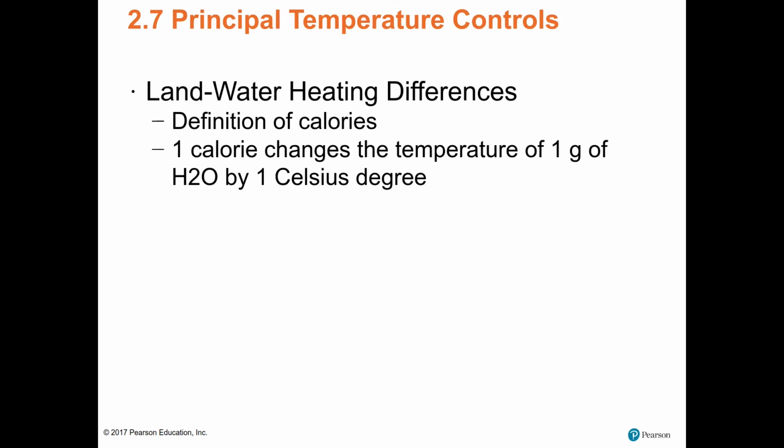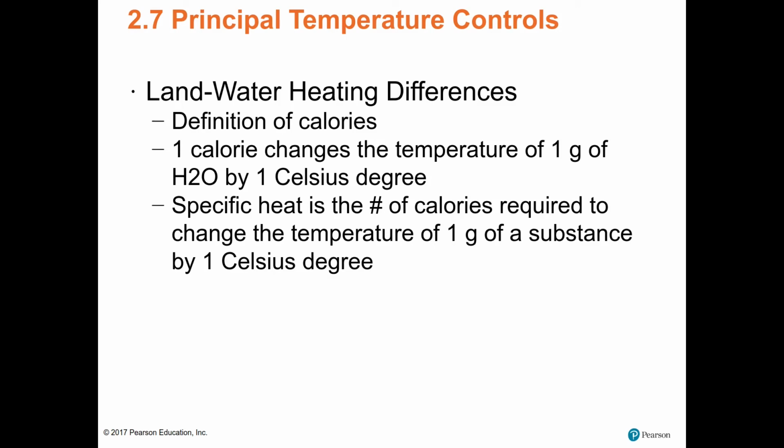Definition of calories. 1 calorie changes the temperature of 1 gram of water by 1 Celsius degree. So the actual definition of a calorie involves 1 gram of water. 1 calorie is the amount of heat energy required to change the temperature of 1 gram of water by 1 Celsius degree. 1 gram of water has a volume of exactly 1 cubic centimeter, which is about a sugar cube.